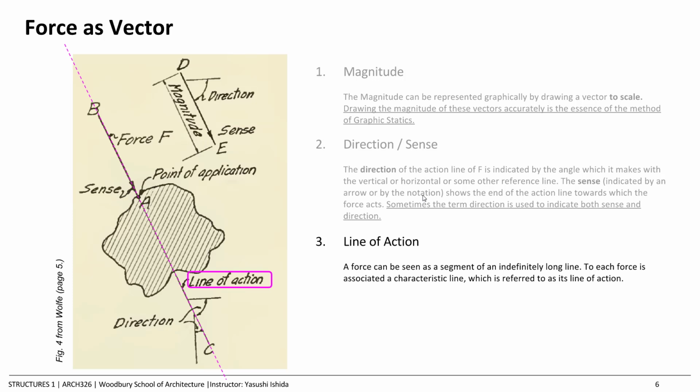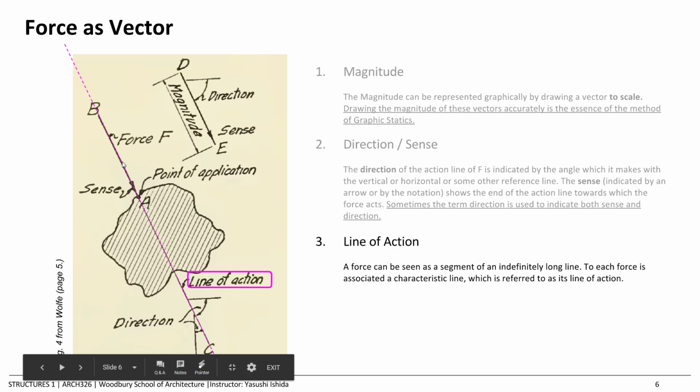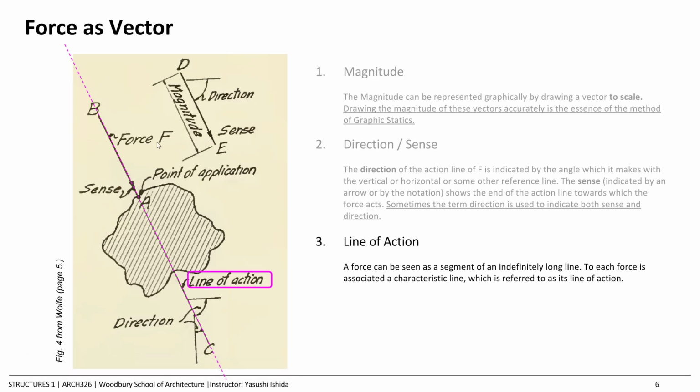Two other properties. When you're talking about a force, it has a line of action, which you can think of as an infinite extension along the direction of this vector. So basically, a force can be seen as a segment of this infinitely long line, and each force is associated with a characteristic line, which is referred to as its line of action.